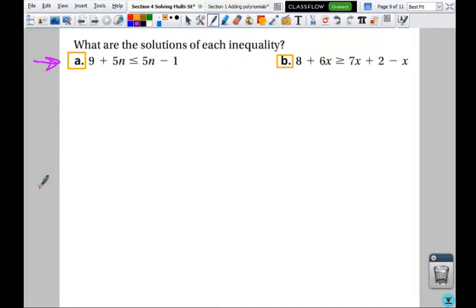Alright, let's go over it. So what's my first thing I should do? Yep, we're going to get the variables together, so how are we going to do that? Not underline, because underline would be dividing, right?